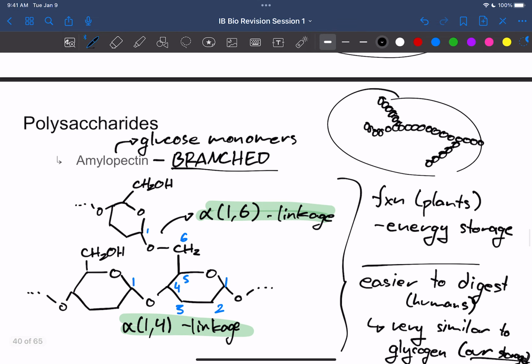So one thing I will note is these last two that I went over, amylose and amylopectin, make up starch, like plant starch that we consume, that we use for baking. These are the main components of starch.